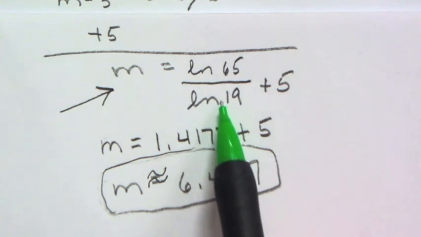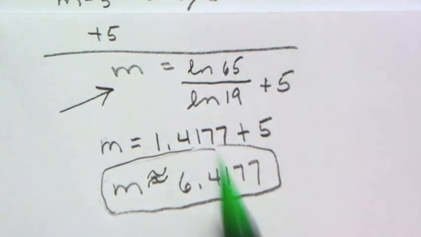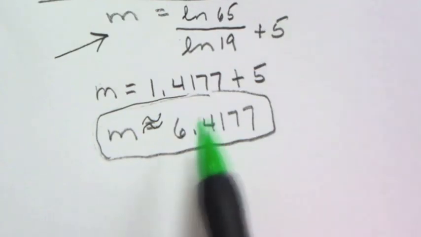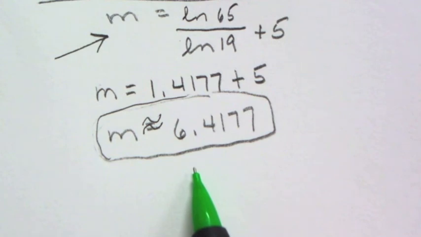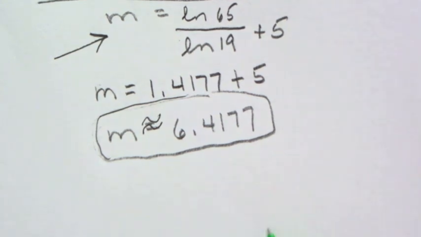And the teacher will always tell you what they want, either an exact answer or the approximation, which just means that it's rounded off when you put it in the calculator. So that's how you do one with logarithms. That's how you do an exponential using the inverse logs to solve. Good luck.